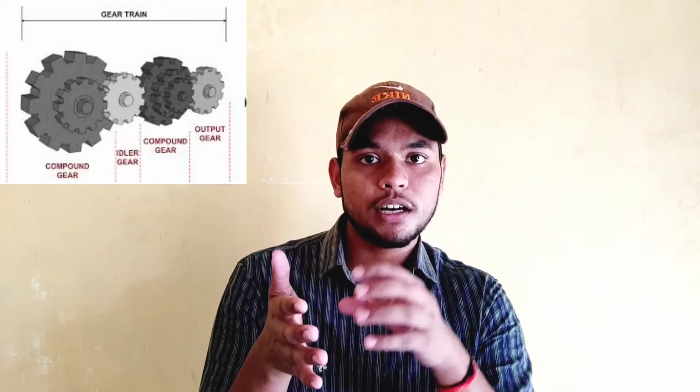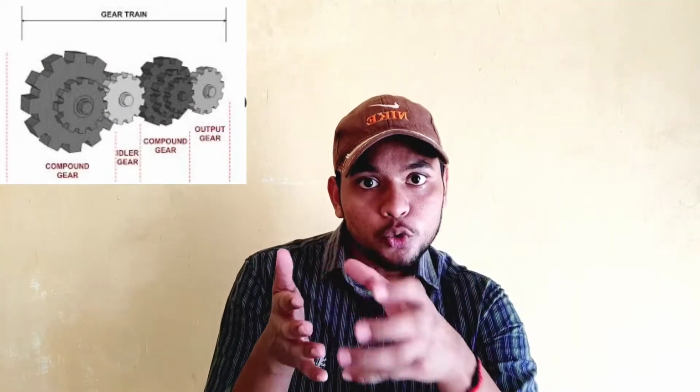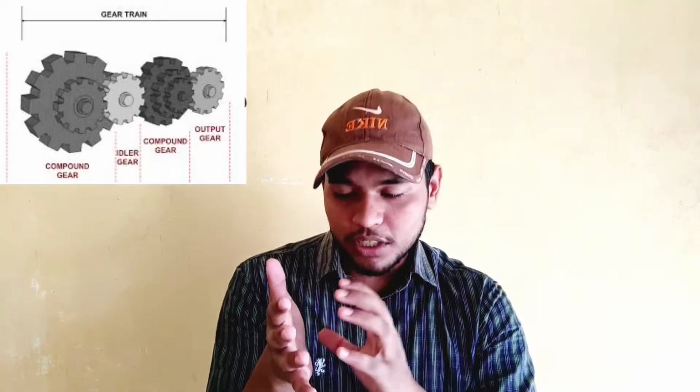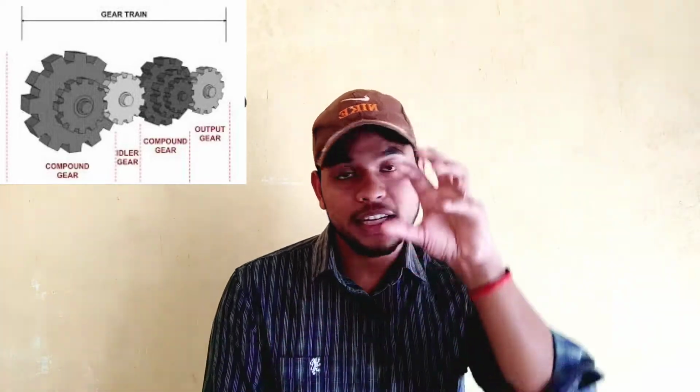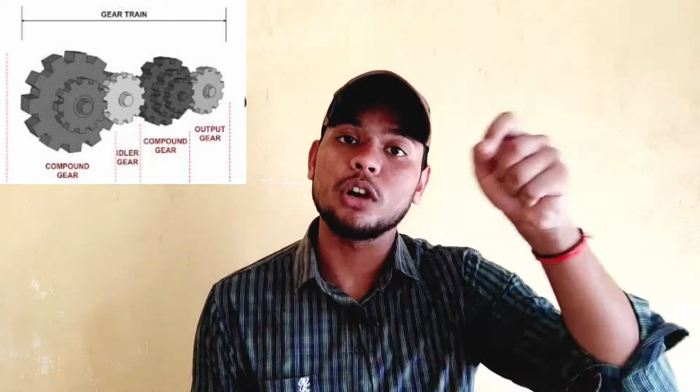But in a complex gear system, there is one intermediate gear with two shafts attached to it. So if at least two shafts are involved with one intermediate gear, that is called a complex or compound gear system. But if it is simple, for two gears we have two shafts, that is called a simple gear train, or you can say a very easy gear train.